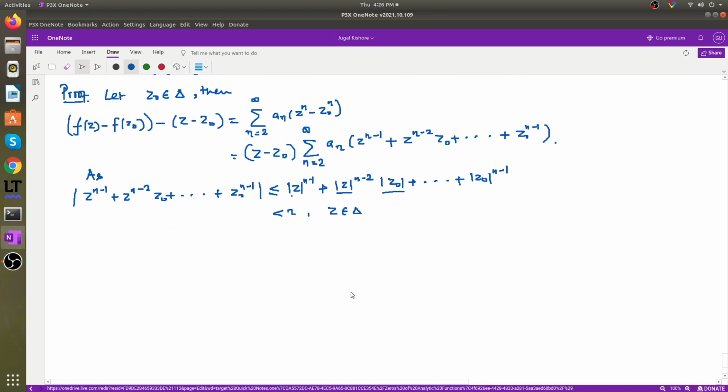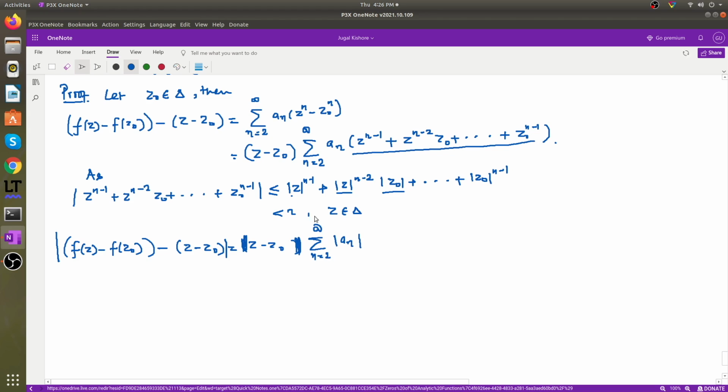So finally we are getting that f(z) minus f(z naught) minus (z minus z naught) equals (z minus z naught) times the sum. We need to take the modulus here, which is the sum from n equals 2 to infinity of |a_n|, and the modulus of that number is less than n.